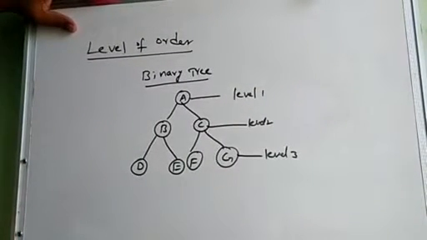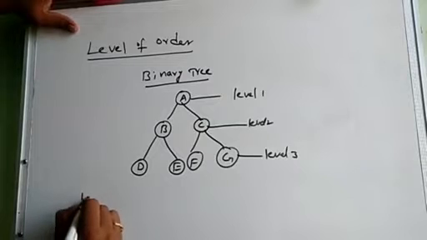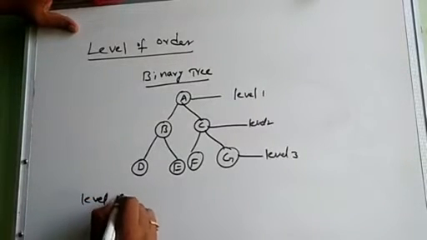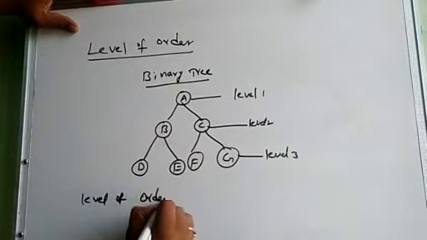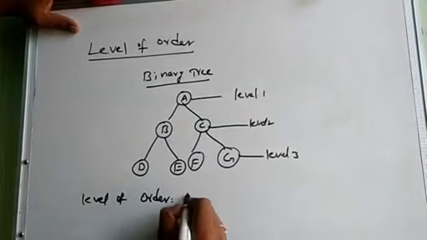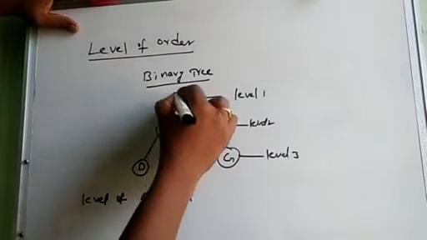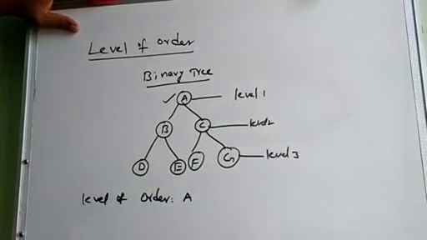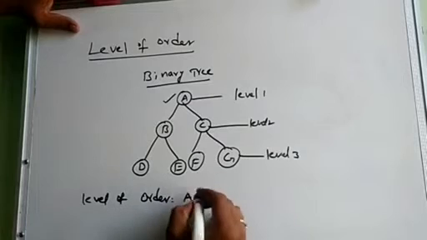So first visit level 1 elements. In level order, level 1 has how many elements? Only 1, that is A. So level 1 is visited successfully. Next visit level 2. Level 2 has B and C, read from left to right.